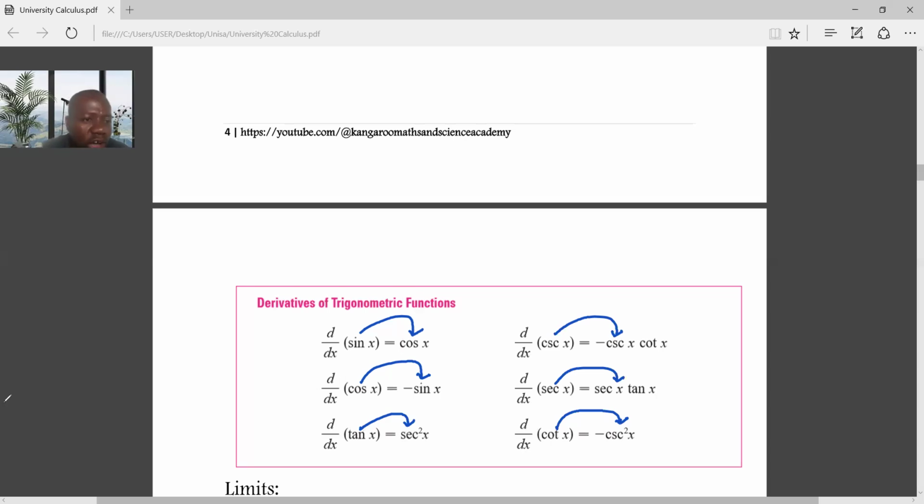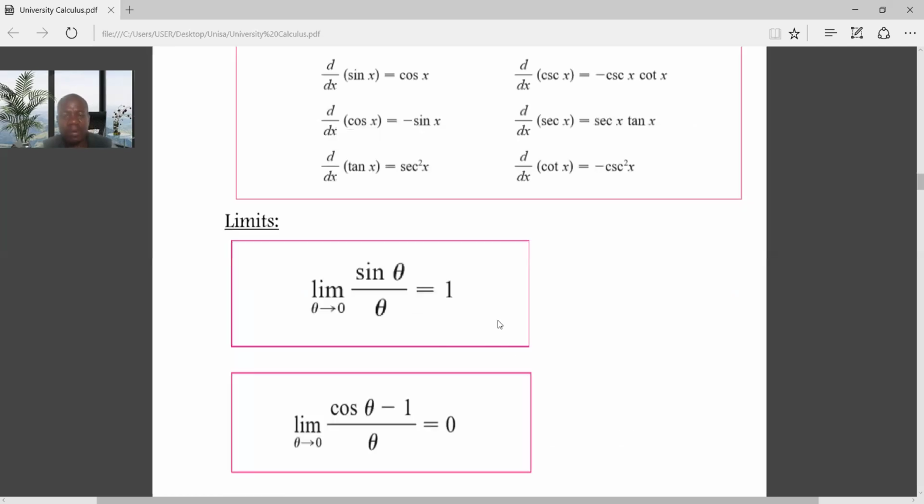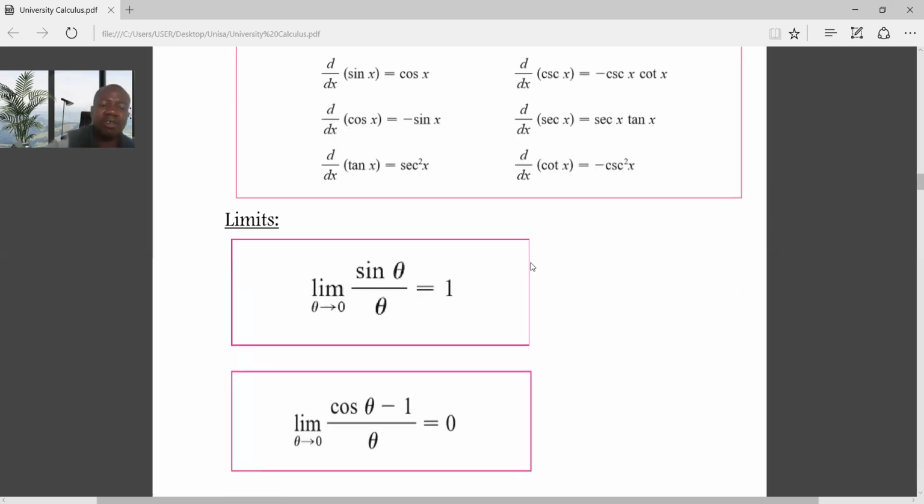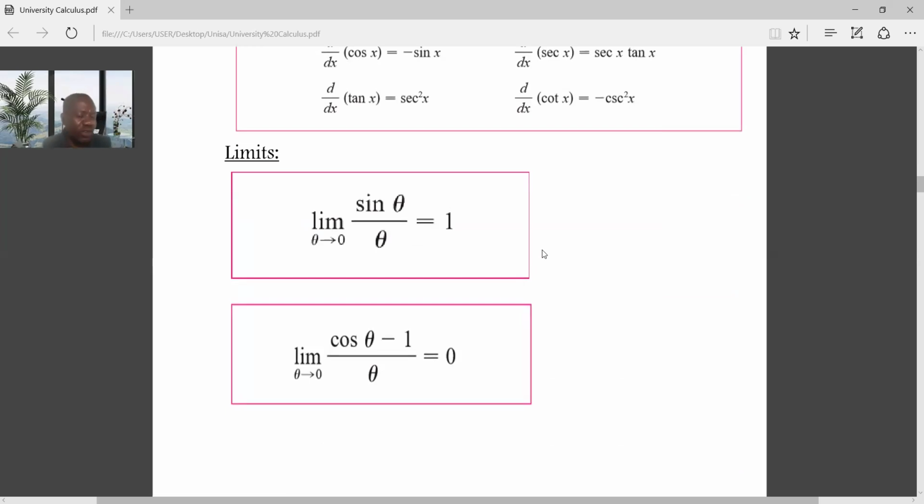Now, before I prove all of these, ladies and gentlemen, I want us to introduce one aspect about limits. There are two concepts you need to know about limits where we are using trigonometric ratios.